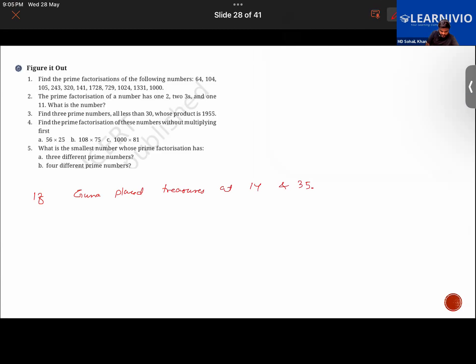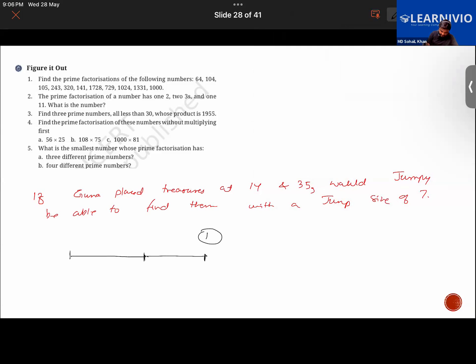And further, it states in the question, would Jumpy be able to find them with a jump size of 7? Suppose Guna had placed treasures at 14 and at 35. So will Jumpy be able to find them with a jump size of 7?